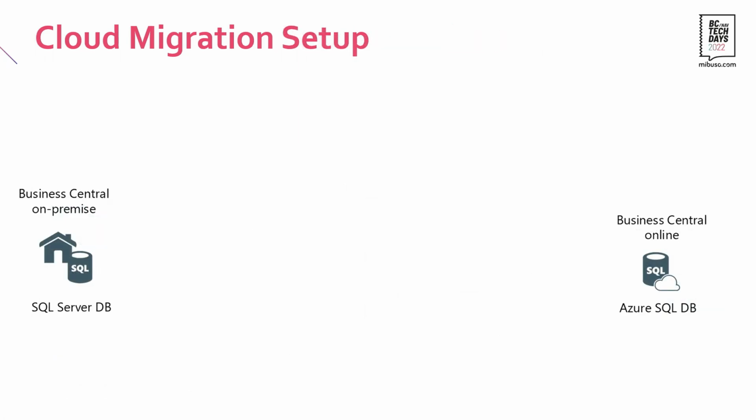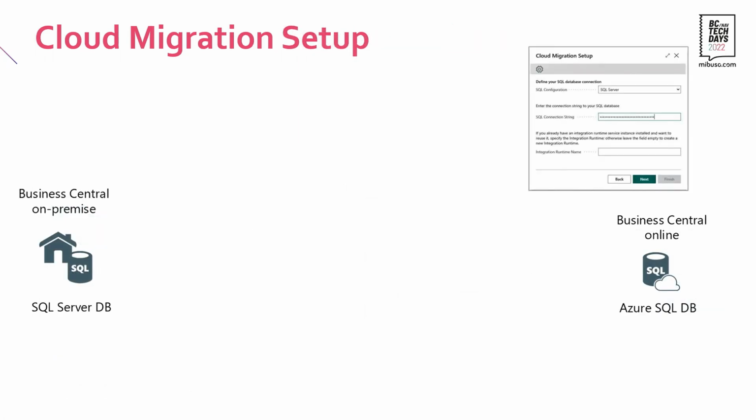So the first step to make this work is to do the setup. If you go in your destination environment to the cloud migration wizard, the setup wizard, you need to provide the information about the SQL server. What are the connection string, and what is your integration runtime that you want to use?